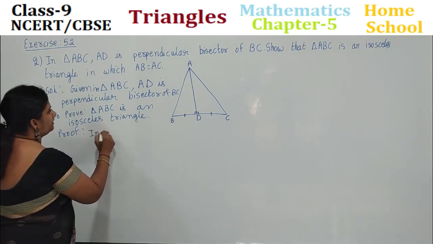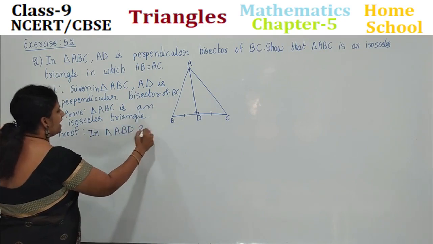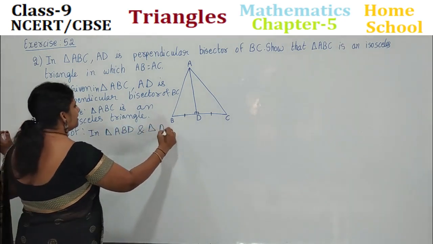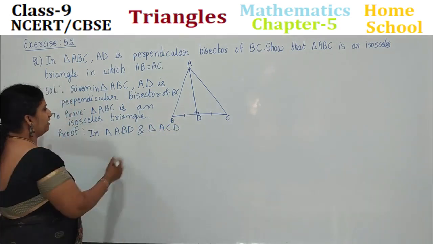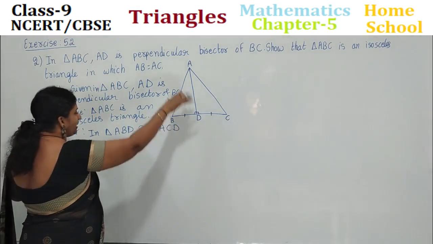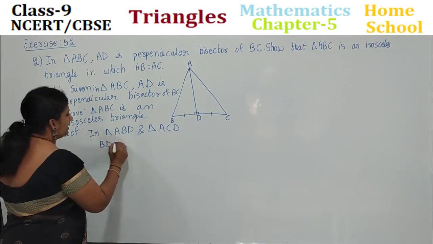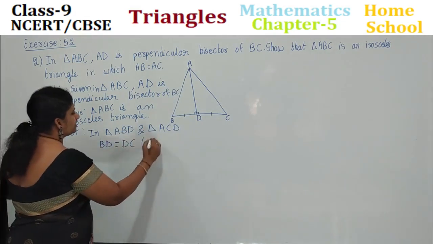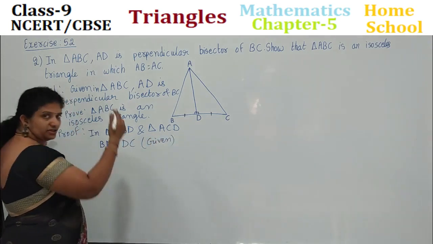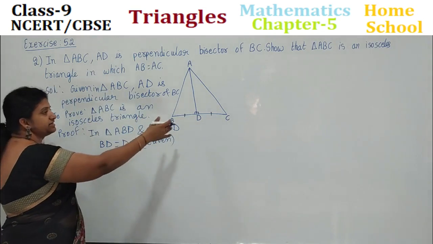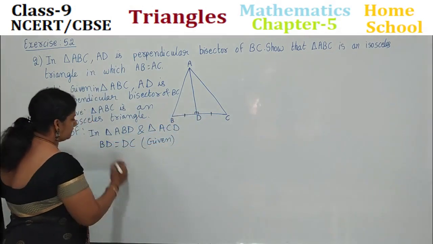Consider triangle ABD and triangle ACD. Start comparing here. When this AD is perpendicularly drawn, then I can say BD equal to DC. Given by construction, perpendicular means it is exactly dividing at the midpoint, that is BD equal to DC.